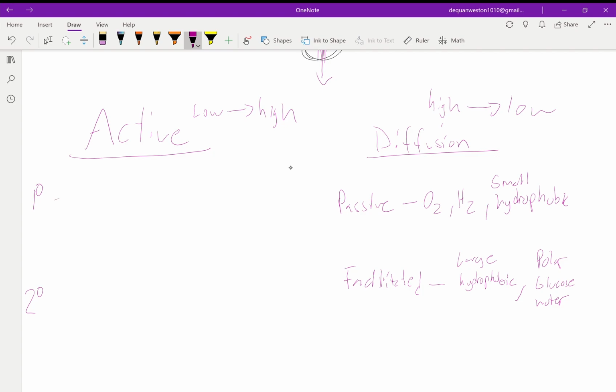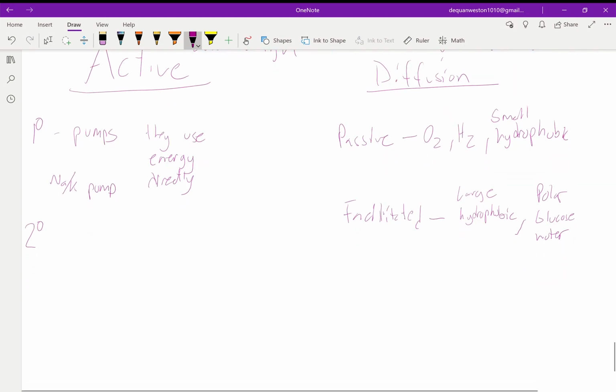Primary is going to be things like pumps, they use energy directly. And an example is the sodium potassium pump. It uses 1 ATP to pump the sodium and potassium.